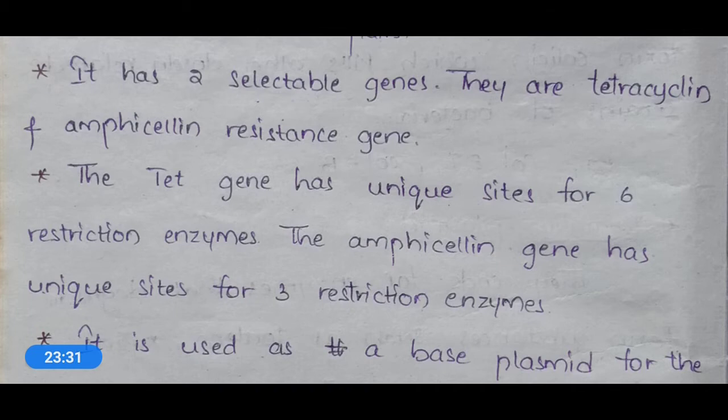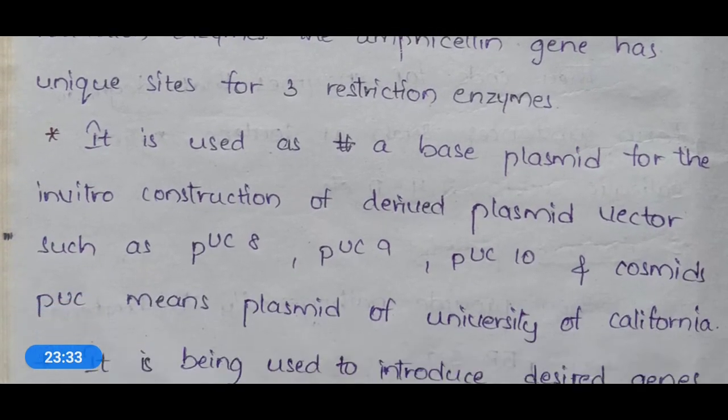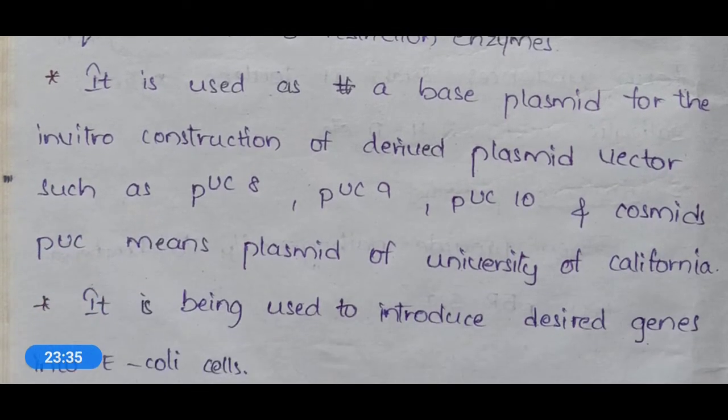And it is used as a base plasmid for the in vitro construction of derived plasmid vectors such as pUC8, pUC9, pUC10 and also for cosmids.